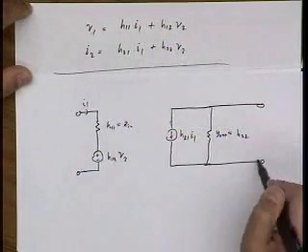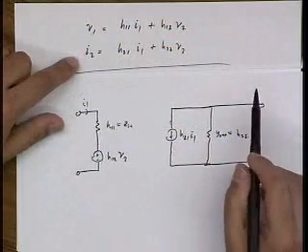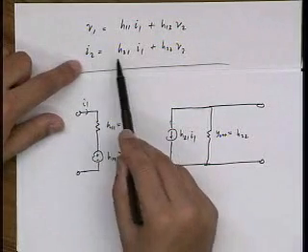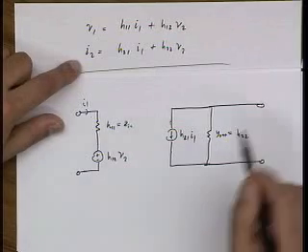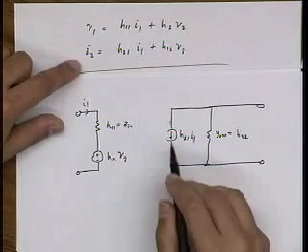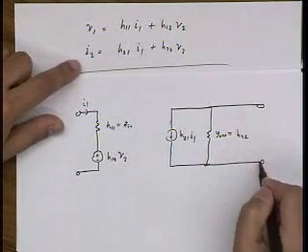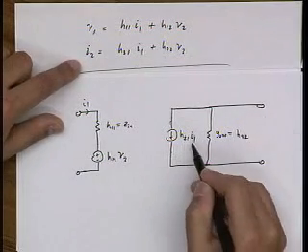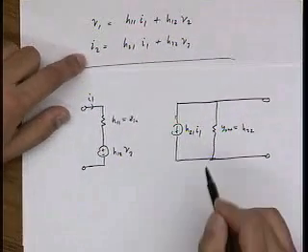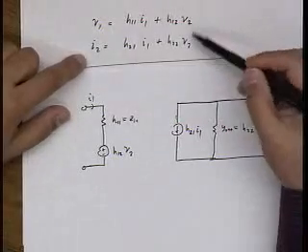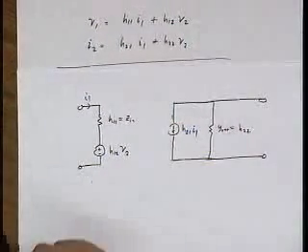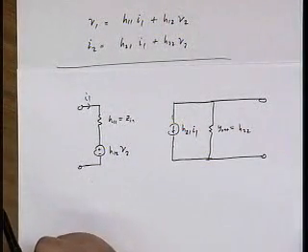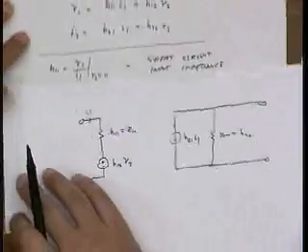If I short the output, then this equation tells me that the current gain is just H21 times I1. Well, if I short the output, all the current of this current source flows to the output, and that's equal to H21 times I1. That makes sense. And again, I won't bore you guys, but you can check that the other 2 also satisfy these equations. Any questions?